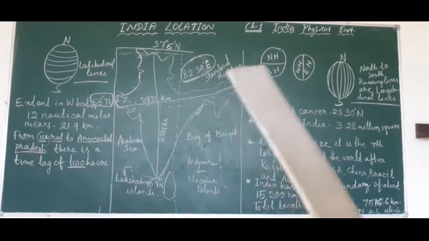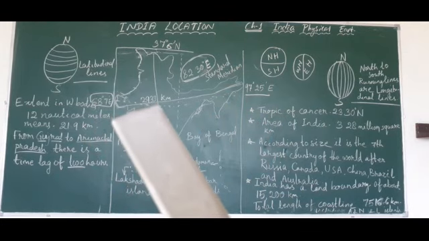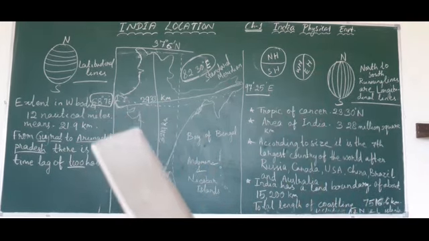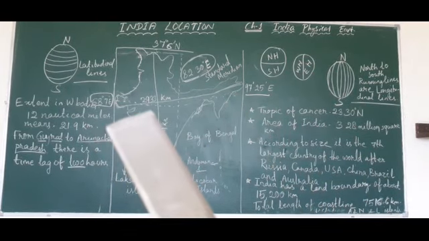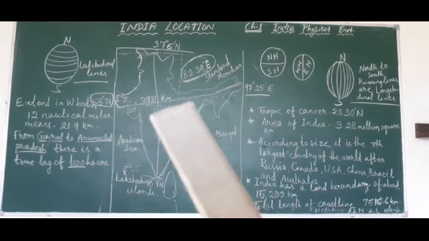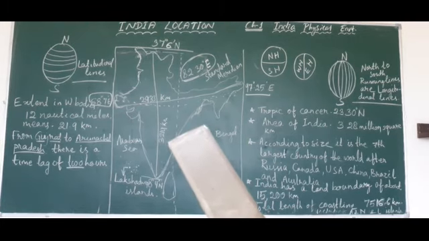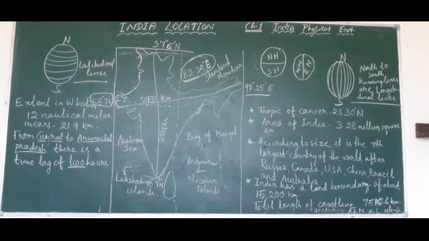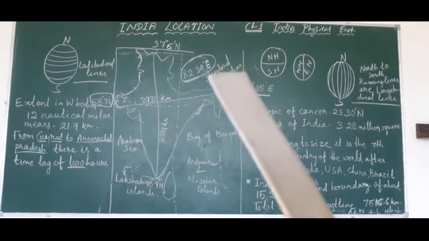Whereas from Gujarat to Arunachal Pradesh, its extent is 2933 kilometer. Gujarat to Arunachal Pradesh is 2933 kilometer, whereas Kashmir to Kanyakumari is 3214 kilometer.